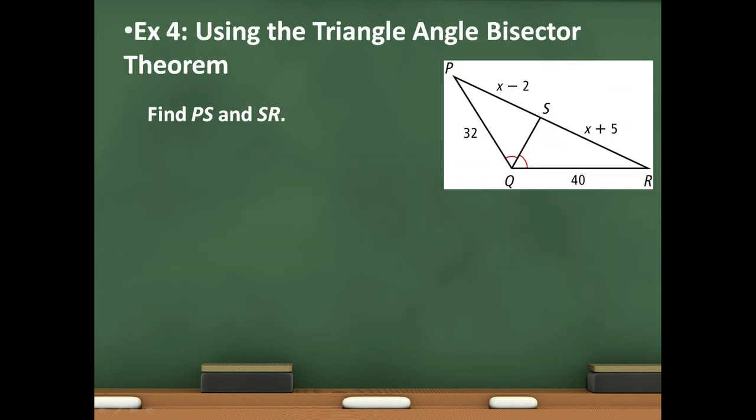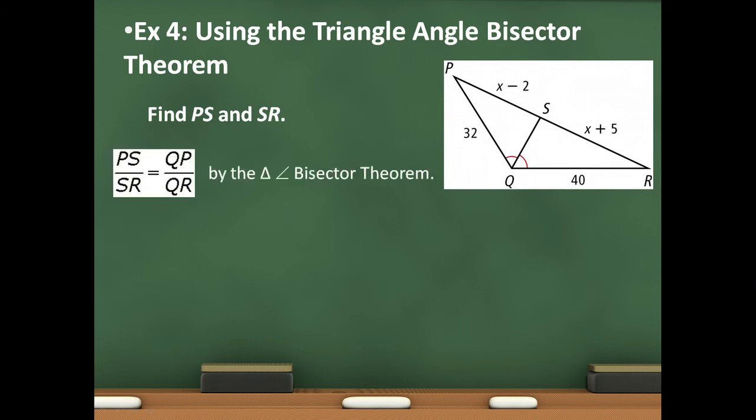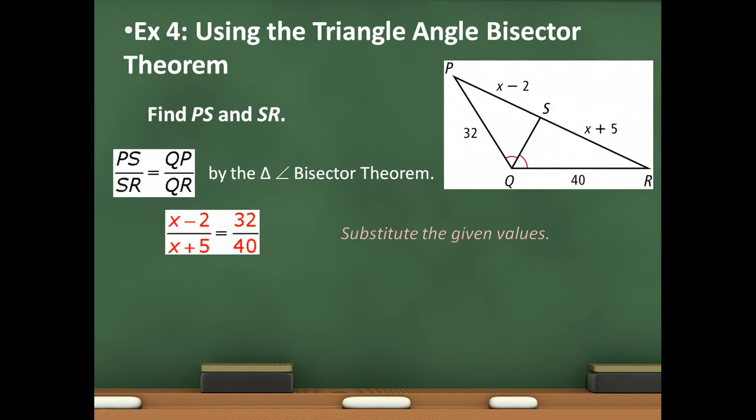Let's use that and find PS and SR. PS over SR equals QP over QR by the triangle angle bisector theorem. If we substitute the given values, we have x minus 2 over x plus 5 equals 32 over 40.